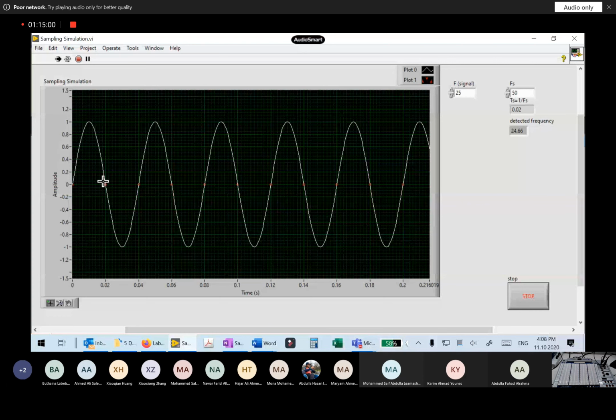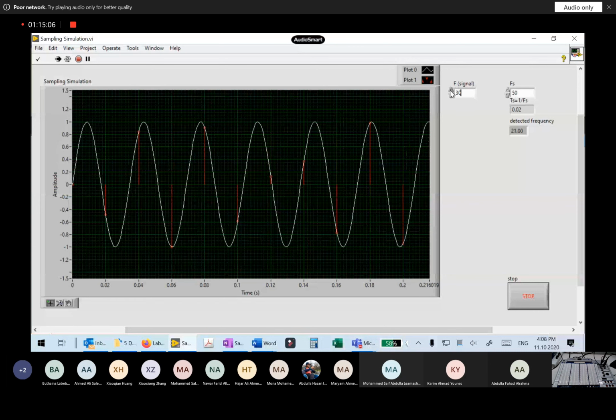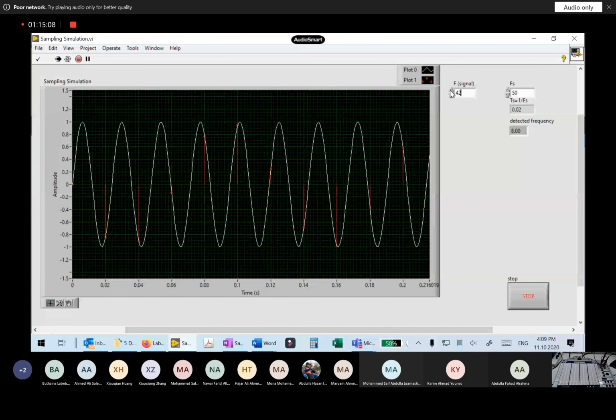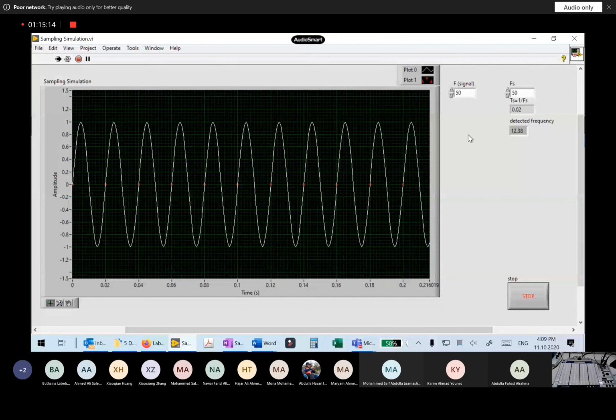Okay, Shabab. Now if you do the following, if I take the input signal frequency equal to the sampling frequency itself, what's happening? My input signal frequency equals the sampling frequency.